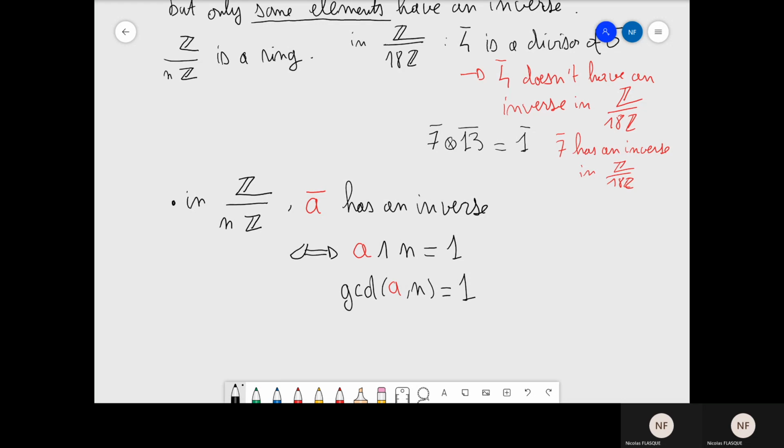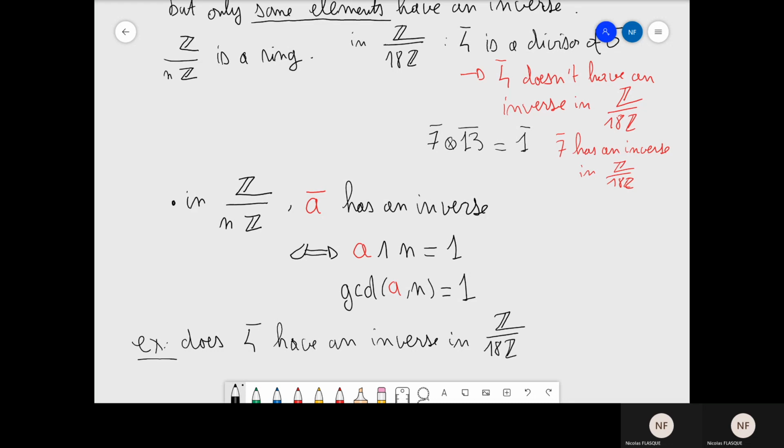So let's apply it and check with examples we've already seen. The question is, as an example, does 4 bar have an inverse in Z over 18Z?